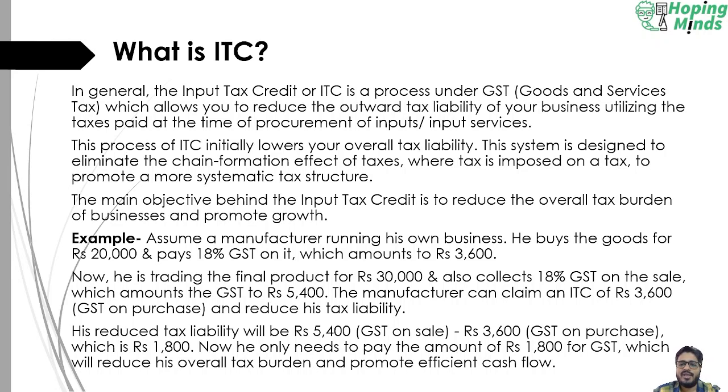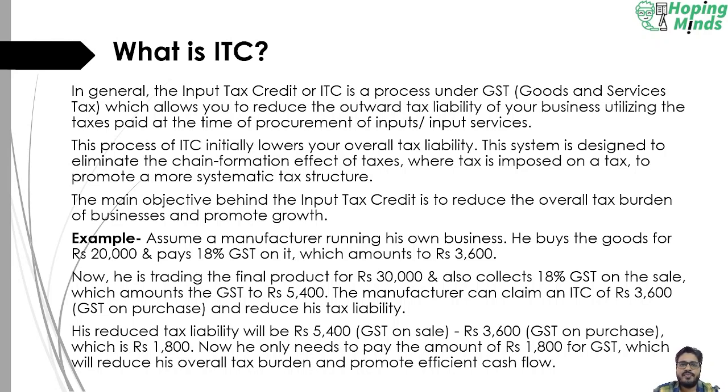The manufacturer can claim input tax credit of rupees 3,600 that he has paid at the time of procurement against his ultimate outward tax liability, that is 5,400. So the net liability that has to be paid in cash will be rupees 5,400 minus rupees 3,600, that is rupees 1,800. This liability has to be discharged in cash by the manufacturer.